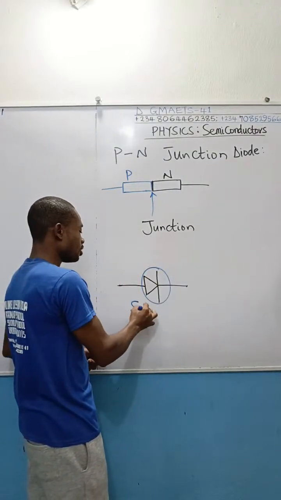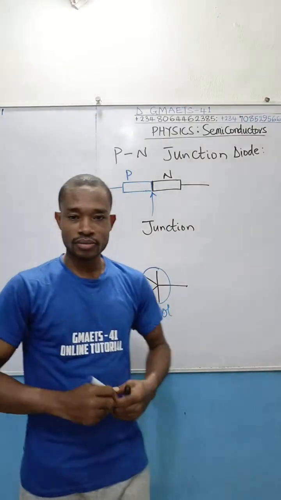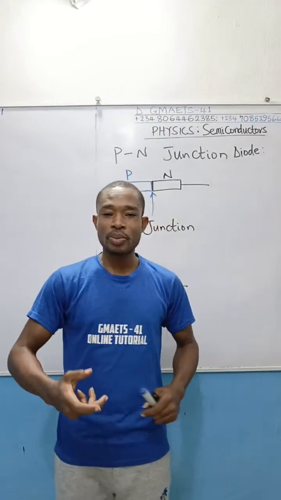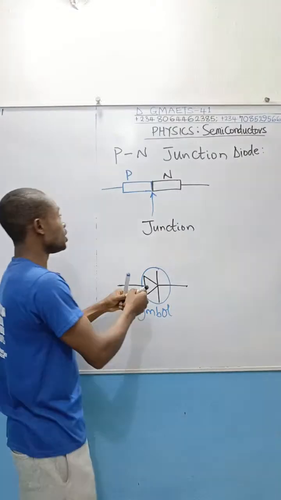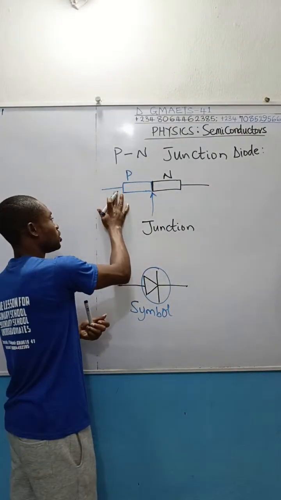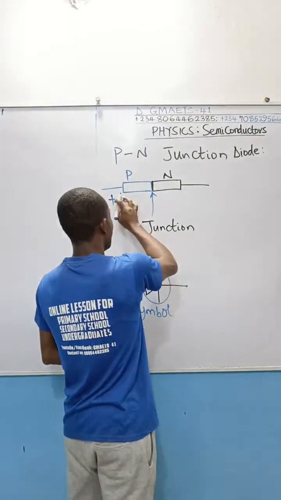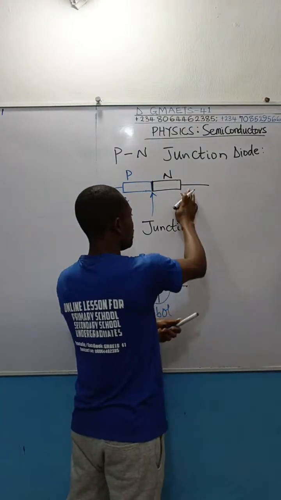Now, I want to find out what you can do to this P-N junction diode in order to make it conduct current. This will require that you connect a potential difference across its terminals. This is the positive terminal, as you can see with P, and this is the negative terminal.